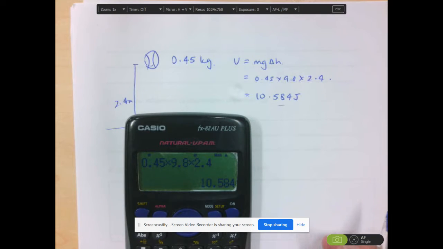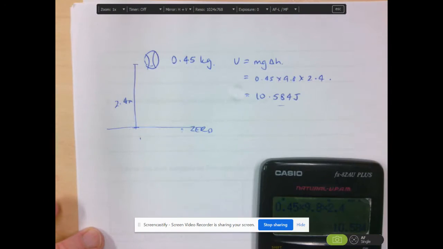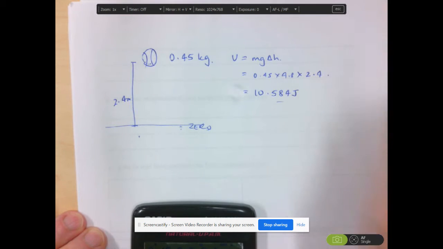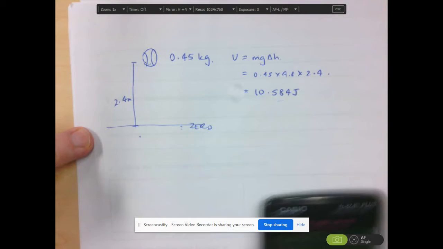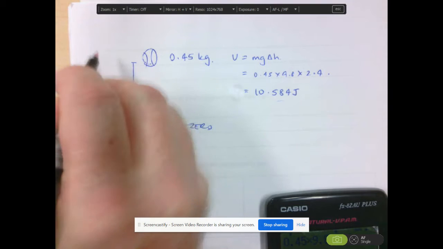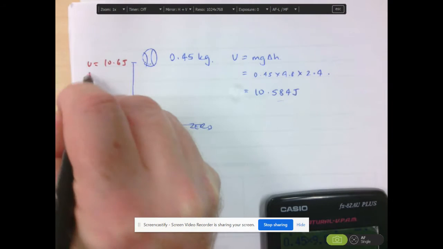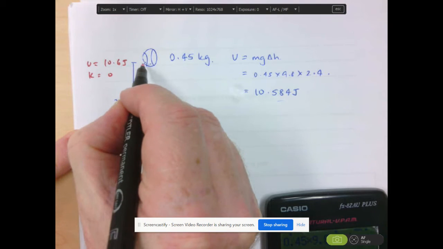I don't know how many decimal places the answers I've used have included. Now that means at the top of the path we have U being 10.6 joules and K equaling 0 because it's being dropped.